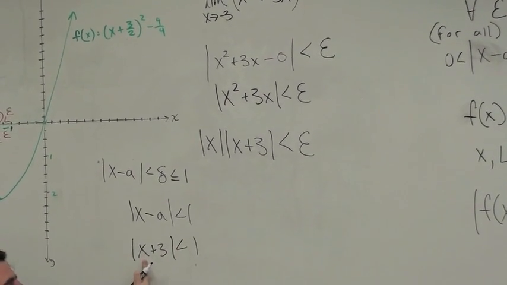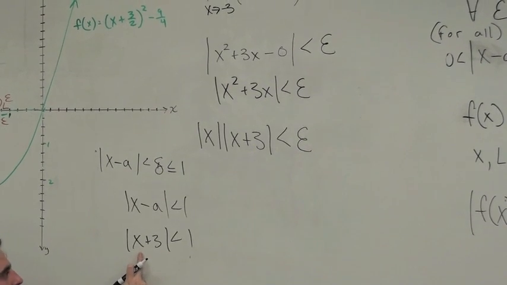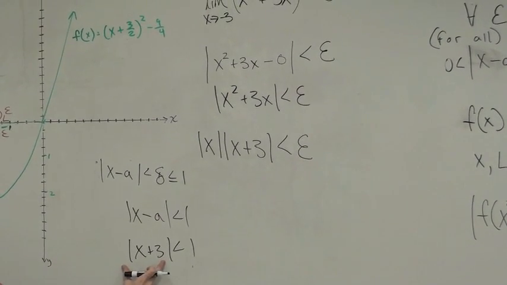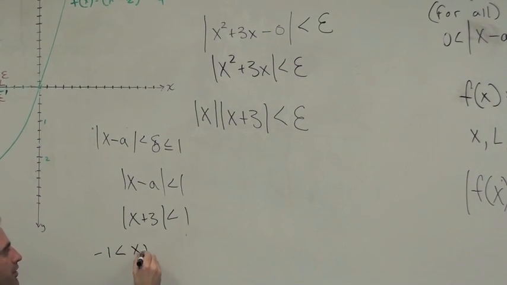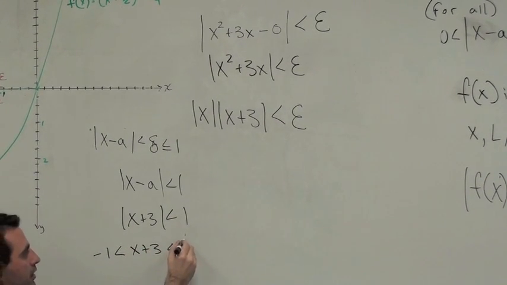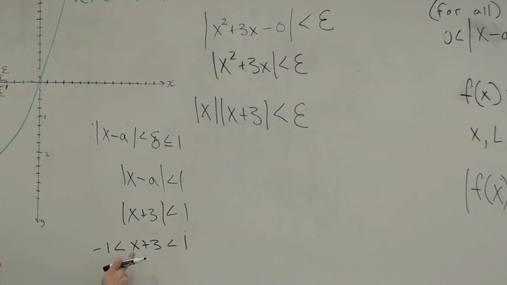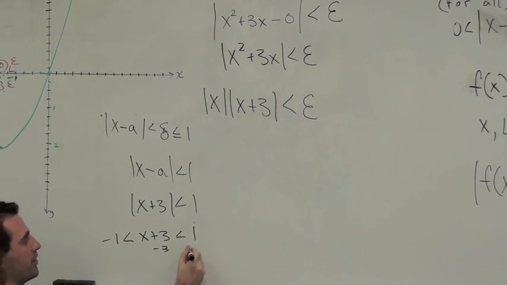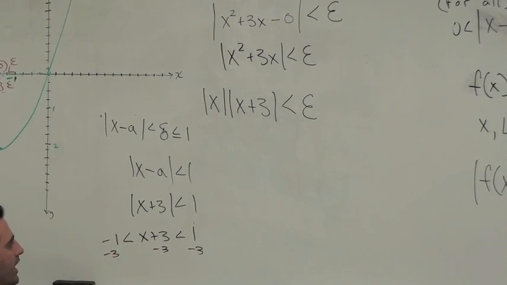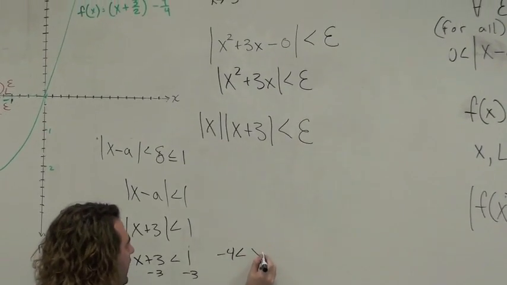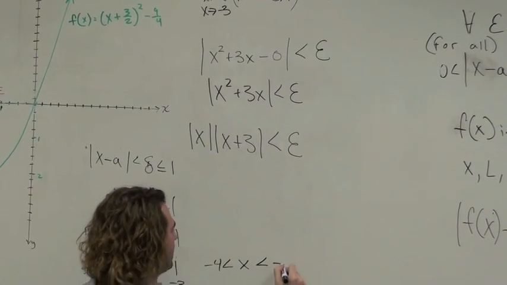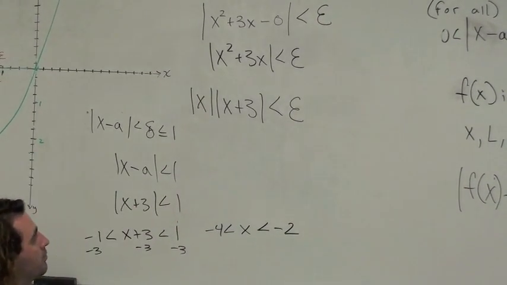We want to find bounds for x. So we take it out of absolute value. We can say that -1 is less than x plus 3, which is less than 1. And we just solve for x, subtracting 3 from all sides, and we get -4 is less than x, which is less than -2.